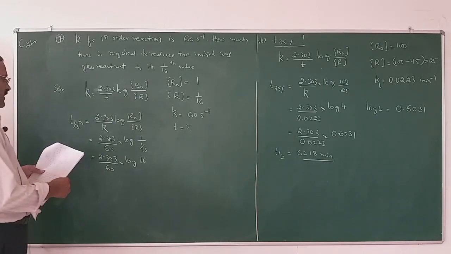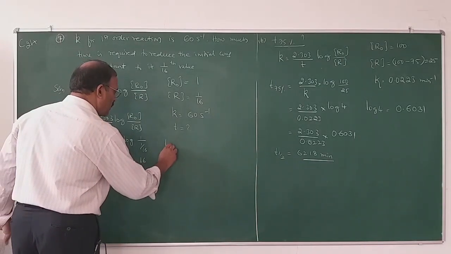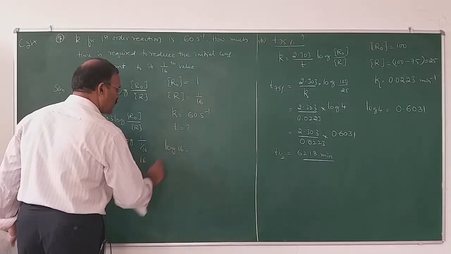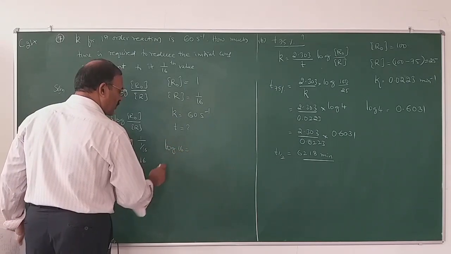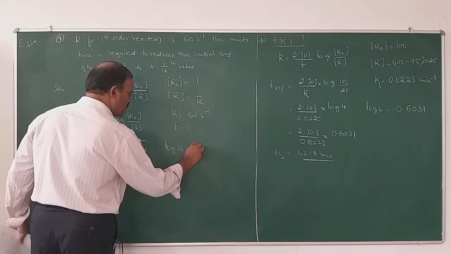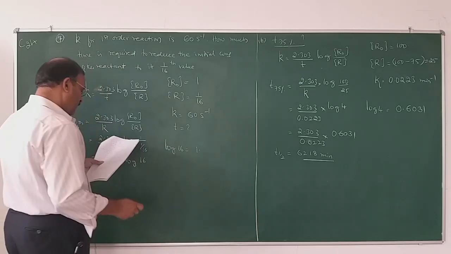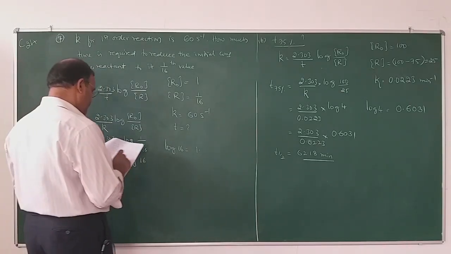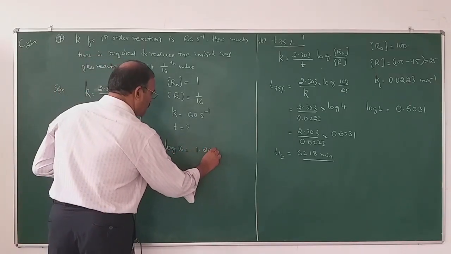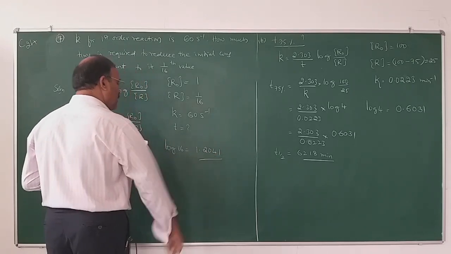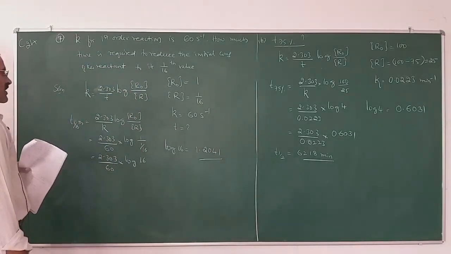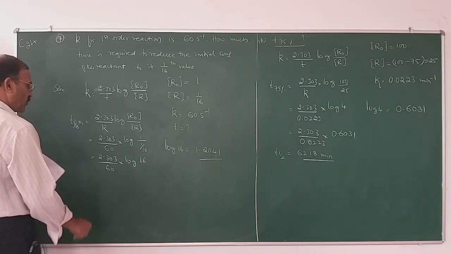The value of log 16: it is a 2-digit number, so its characteristic is 1. The logarithmic value for 16 is 2041. So finally the value of log 16 is equal to 1.2041.